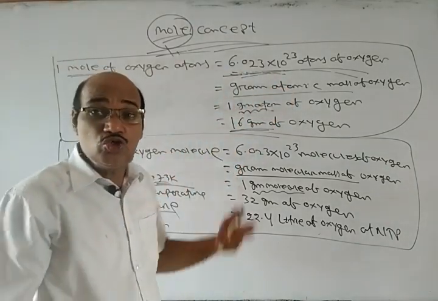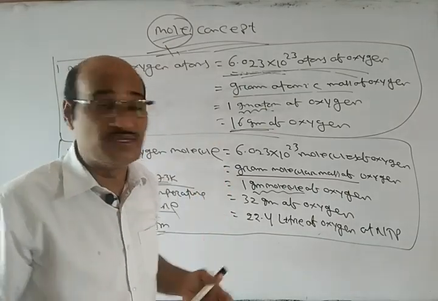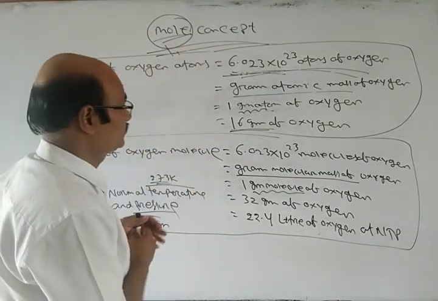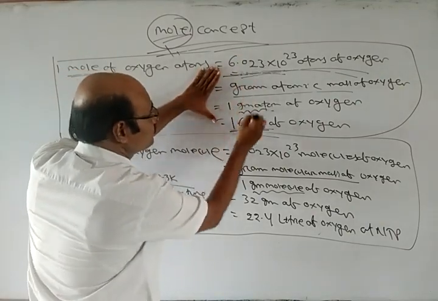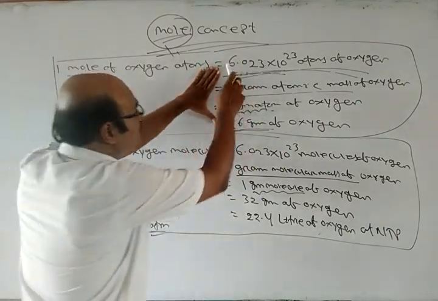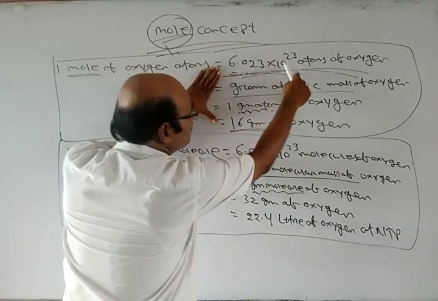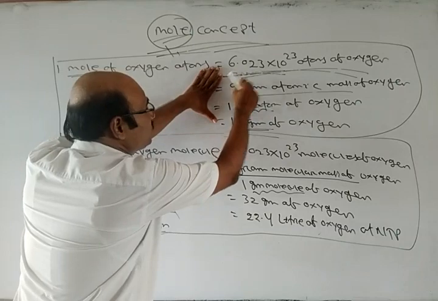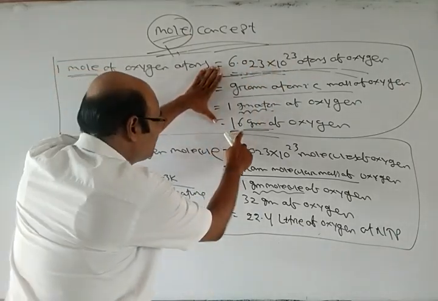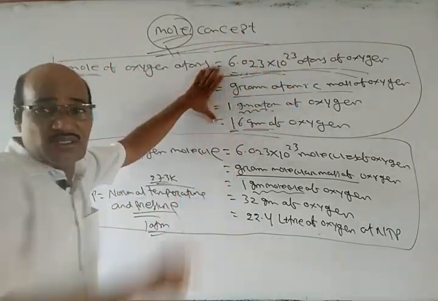Now we can also establish the relationship between these, between number of atoms and mass. Here you see 6.02 into 10 to the power 23 atoms of oxygen equal 16 gram. Therefore, x number of atoms equals how many grams? 16 divided by this number, into the given number.